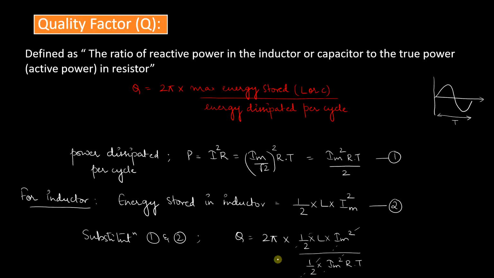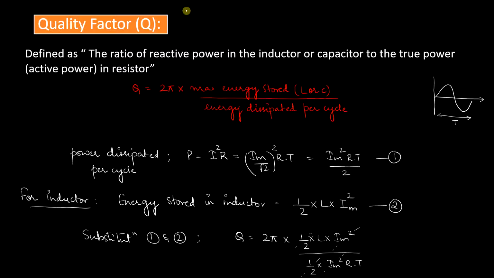So what remains is Q equal to 2 pi into L divided by RT.